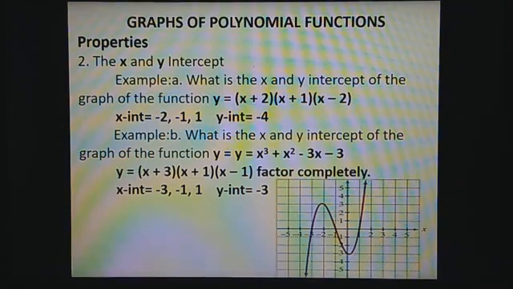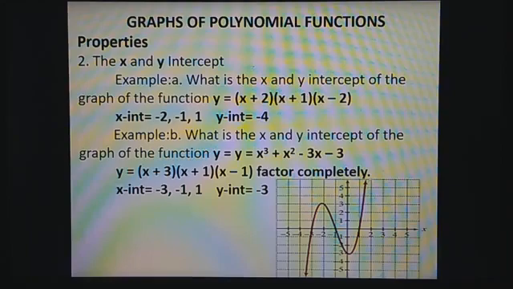Kasi yung previous lesson natin noong first quarter ay finding the roots or values of x of the function. So kung nakasulat siya ng factored form, ang ginagawa na lang natin doon sa x plus 2, ang ating x-intercept or value ng x ay negative 2 kasi equate mo siya sa 0. So, x plus 2 equals 0. Then, solve for x. X is equal to negative 2.